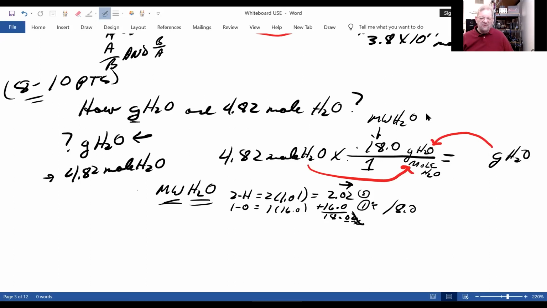And now I'll check my units. Notice moles divided by moles equal 1, cancel out. I'm left with grams. And now it's time to go to my, well, wait, actually, before I do that, you can wait and come back, but I'll do it now. If we look here, 3 significant figures, the 1 is exact, my number. My answer should have 3 significant figures.